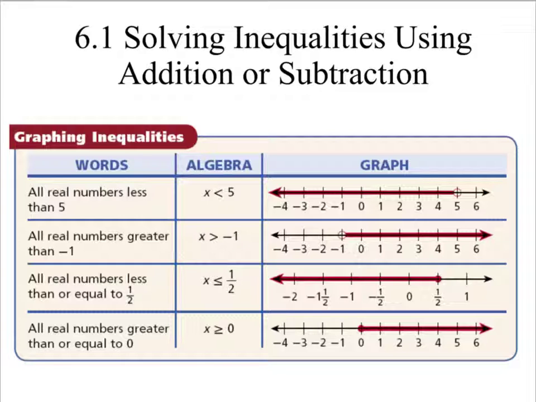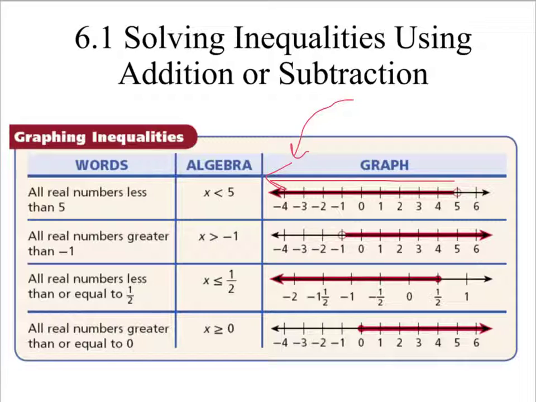Anything less than 5 is going to be a solution of that inequality. We graph that on a number line by shading everything to the left of 5. That means 4, 3, 2, negative 47 is all included. Just make sure you have an arrow pointing to the left.